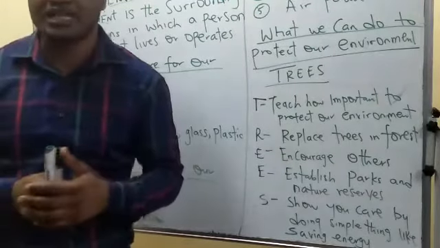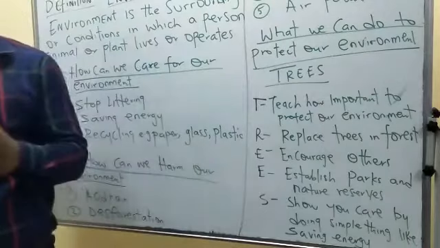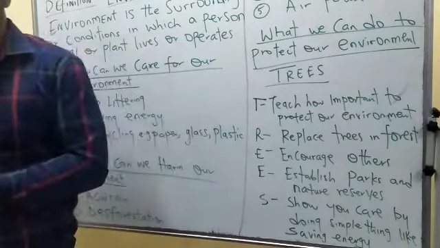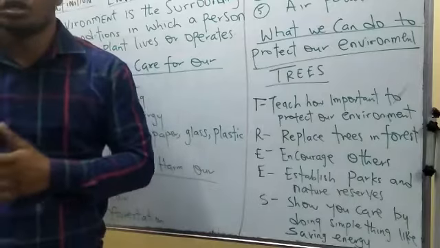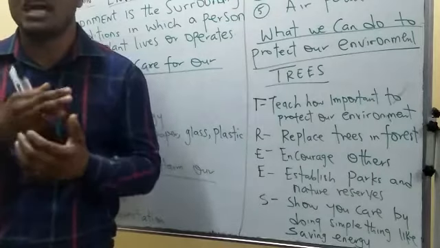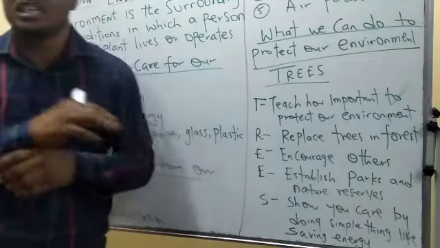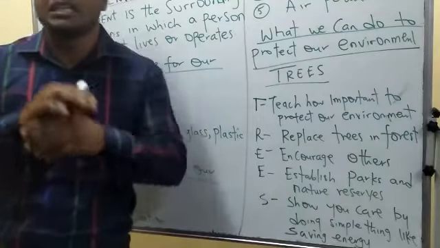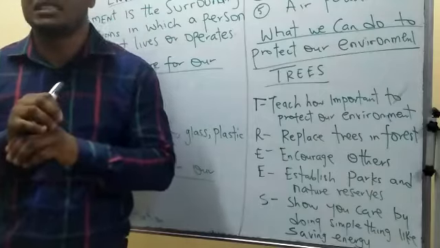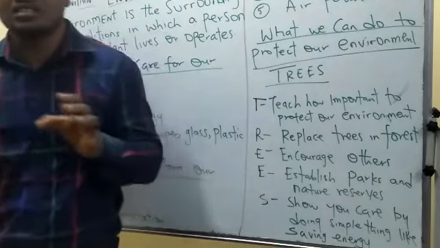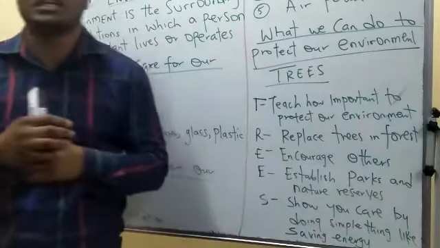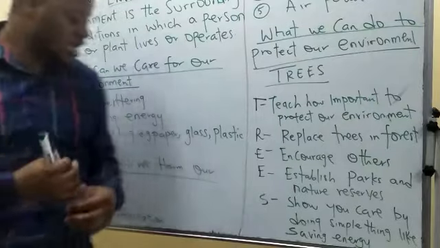What do I mean by acid rain? This is a situation whereby there is dirt on the ground, so the rain comes down as acid, because it picks up all the dirt from one place to another. The rain becomes acid because of the dirty things it is carrying from one place to another.